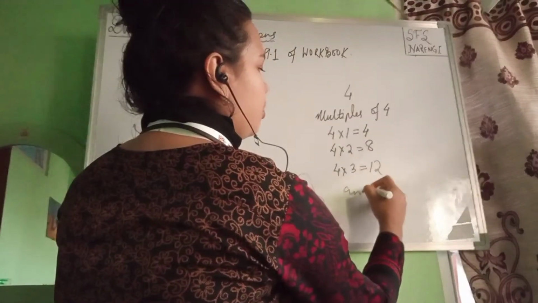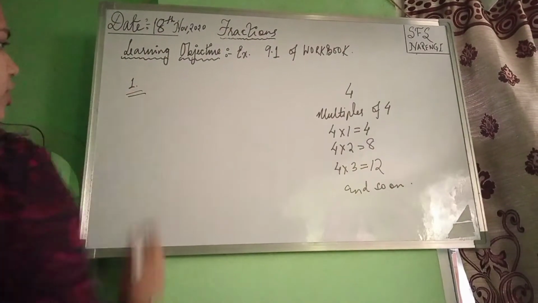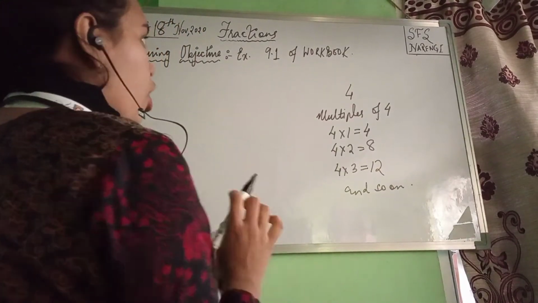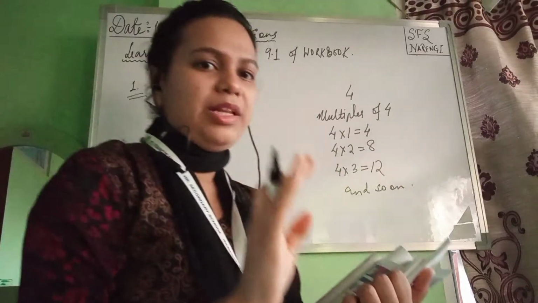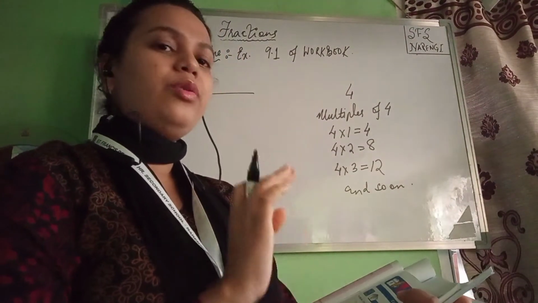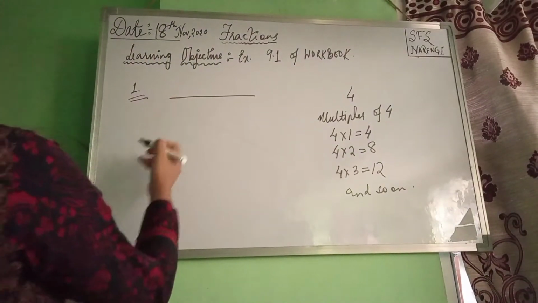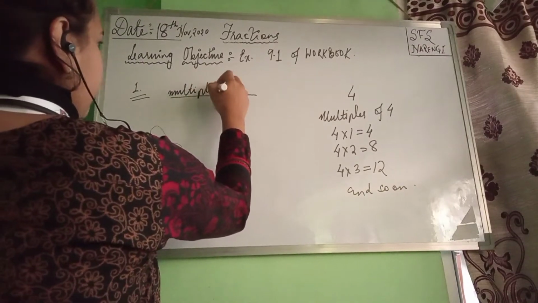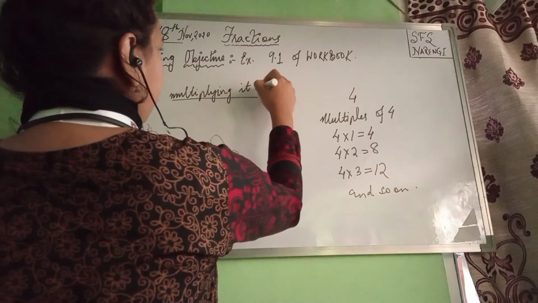And so on. Okay, so the first question says the multiples of a number are obtained by, in the blank, what will you say? The multiples of a number are obtained by multiplying it by 1, 2, 3 and so on. So question number 1 will be multiplying it by.